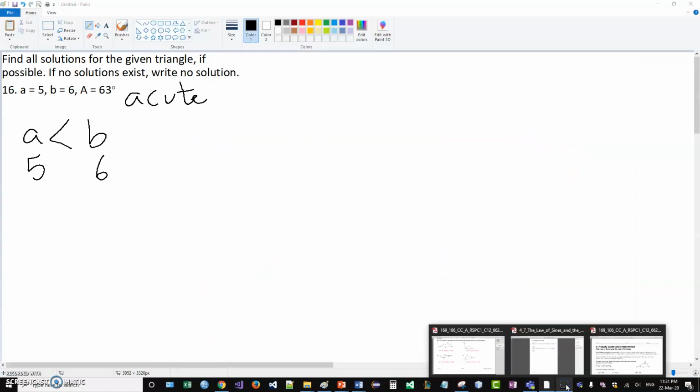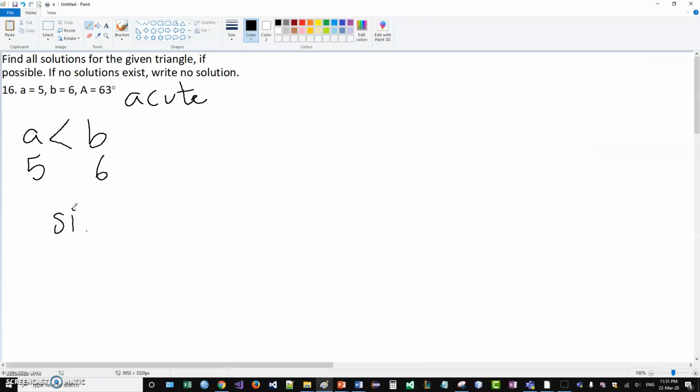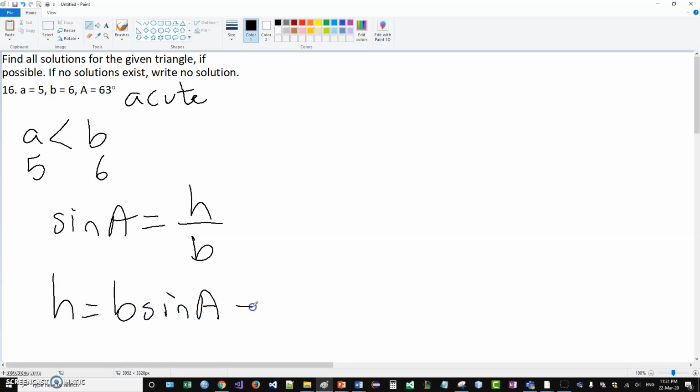To find the height, we know that sine A equals h over B. h equals B sine A, B is 6 sine 63, equals close to 5.4.